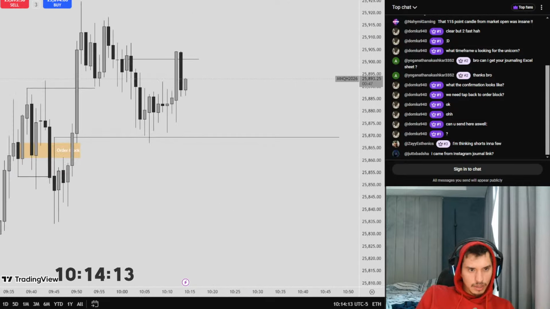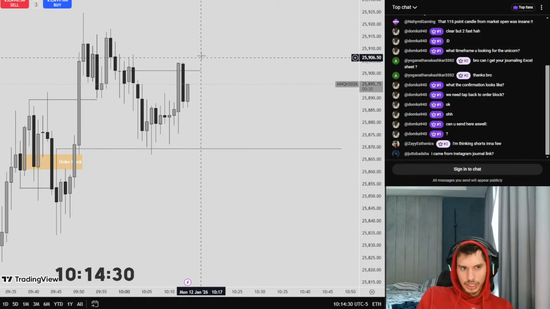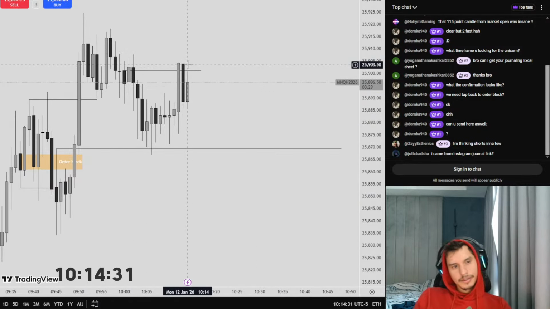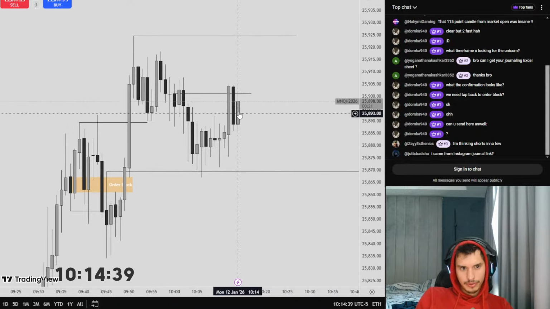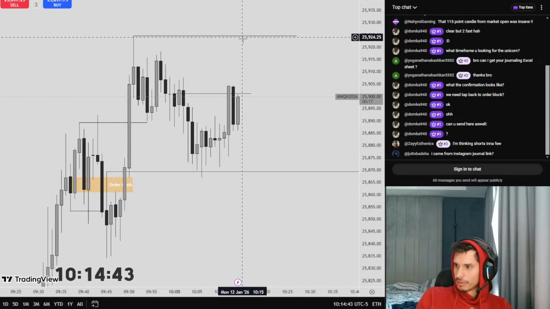Does not look like we're gonna inverse nothing. It looks as if price wants to keep pushing higher actually. Hopefully within the next macro we get a shift, a forever model where we sweep this liquidity with an SMT and then we displace lower.